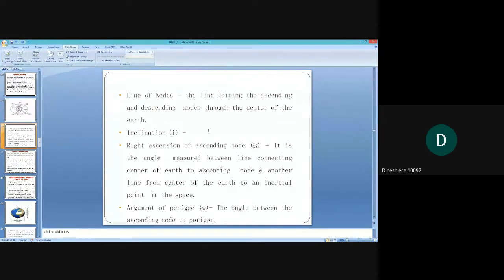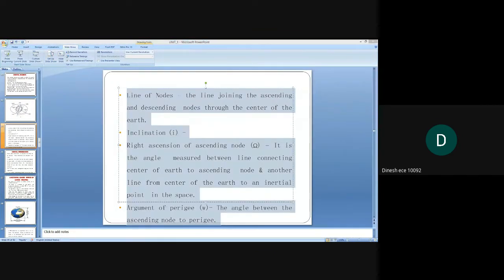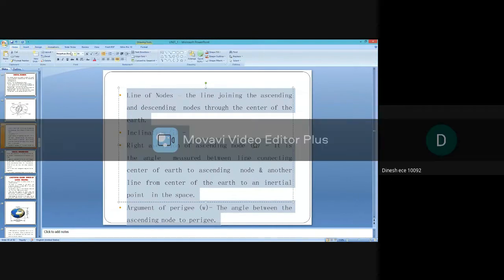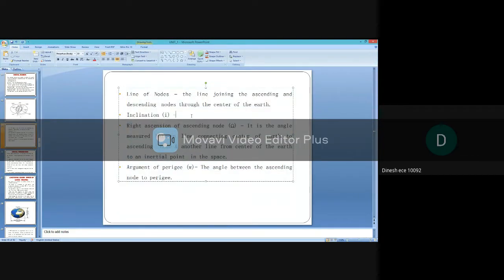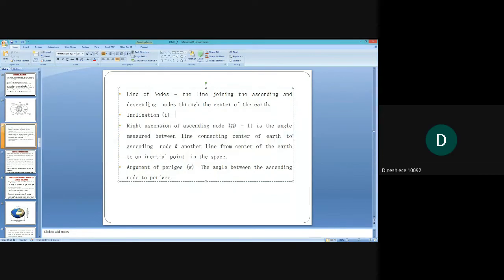The line of nodes is the line joining the ascending and descending nodes to the center of the Earth. As you have seen in the diagram, the ascending node and descending node are connected through the center of the Earth, which we call the line of nodes.